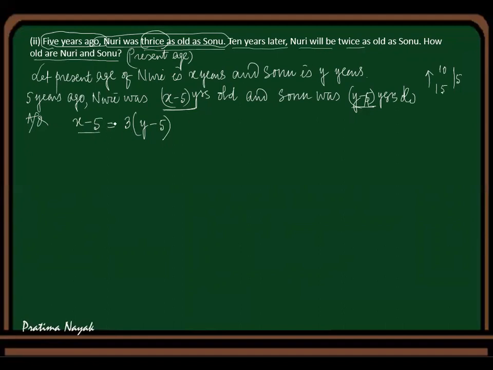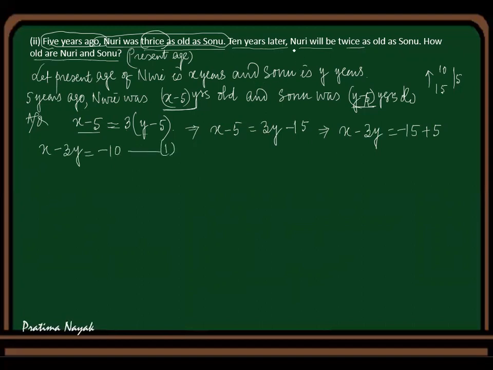Thrice means 3 times. So x minus 5 is equal to 3y minus 15, or x minus 3y is equal to minus 15 plus 5. Then I am getting the final equation after the simplification, x minus 3y is equal to minus 10.